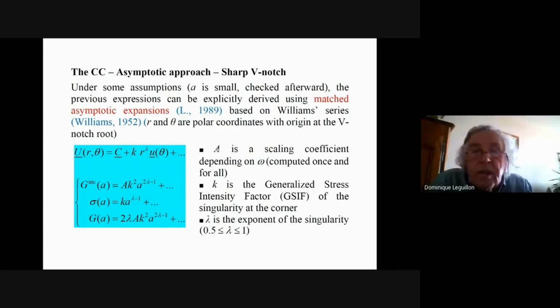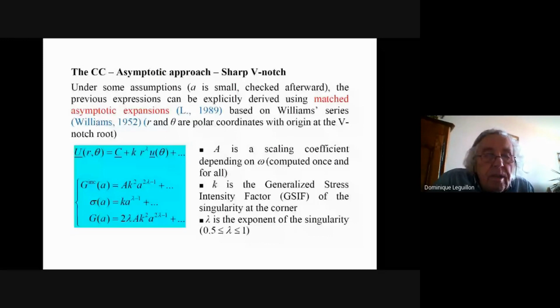It's another scaling coefficient, a consequence of the matched asymptotic expansions, that can be calculated numerically. This is the only non-analytical term we need; in general we need to calculate it numerically, but it can be calculated once and for all.